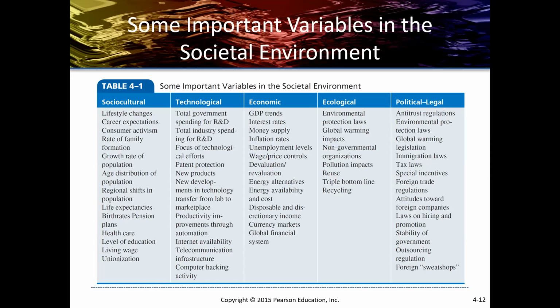So those are the topics related to the political and legal aspects, yes? So when you are trying to scan the environment, you need to have this table 4.1 as a checklist in order to understand what is going on. Questions, comments?